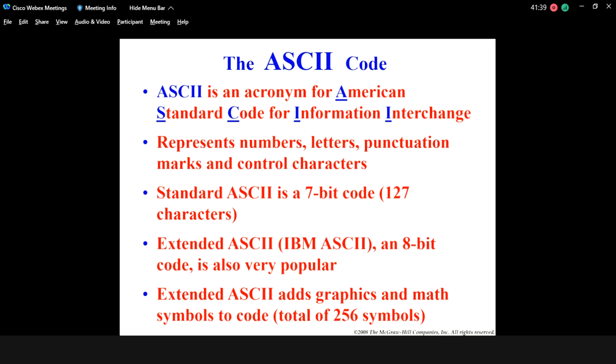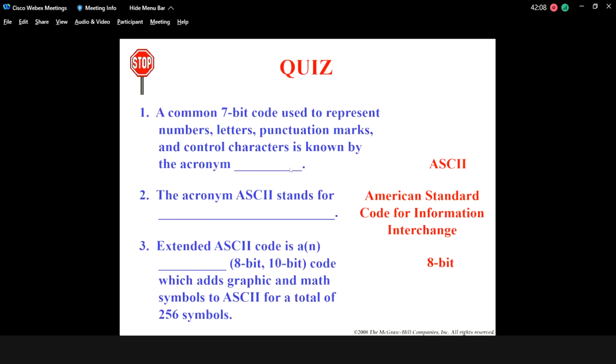Normally we save it in TXT or ASCII or DAT or in CSV, so that the file can be opened in almost most of the software. And then it represents number, letter, punctuation mark, and control character. This one is just knowledge.